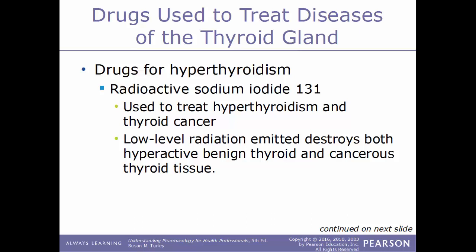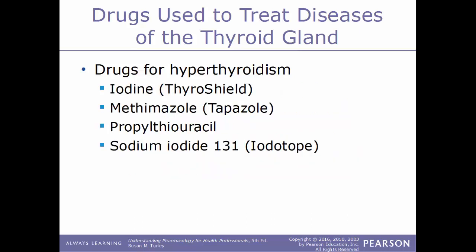The way this works is a low-level radiation gets emitted from the drug, and it destroys both the hyperactive benign thyroid tumors and the cancerous thyroid tissue. Some other drugs that could be given for hyperthyroidism: iodine, sold under the name ThyroShield; methimazole, sold under the name Tapazole; propylthiouracil, and also sodium iodine 131, which is sold under the trade name Iodotope.